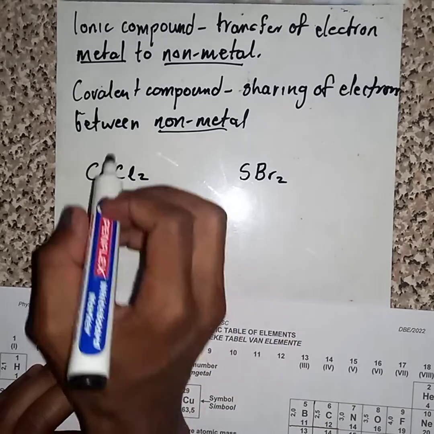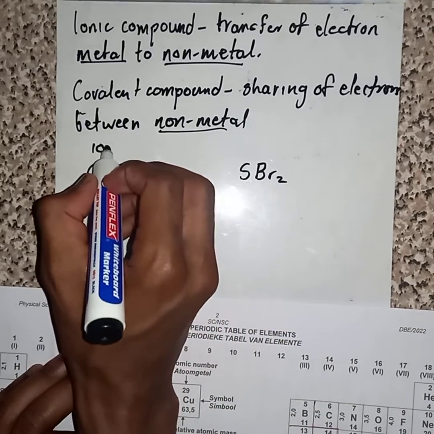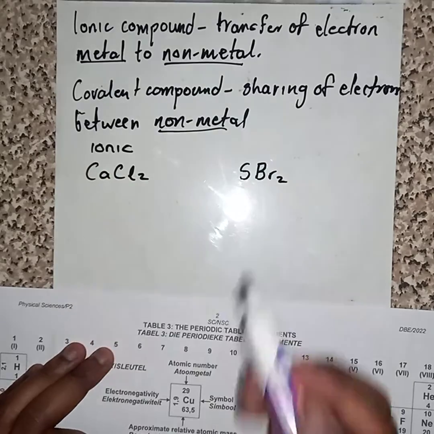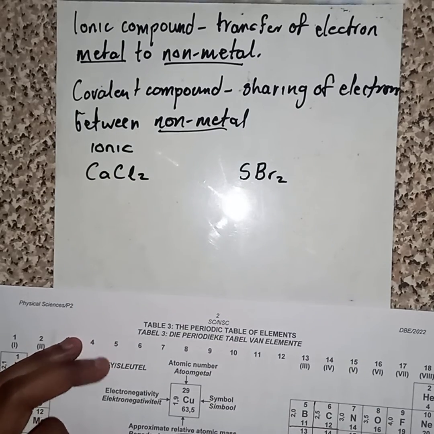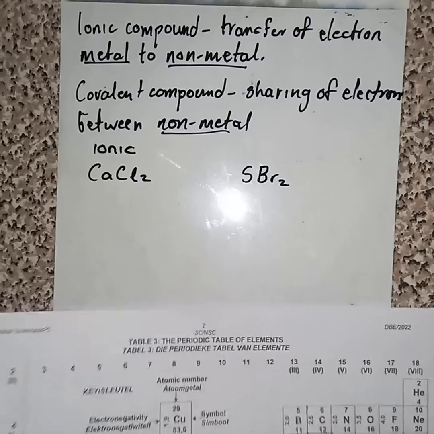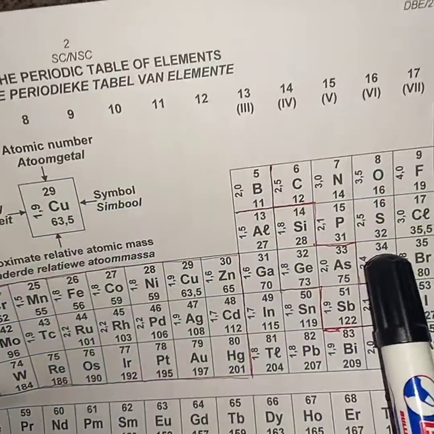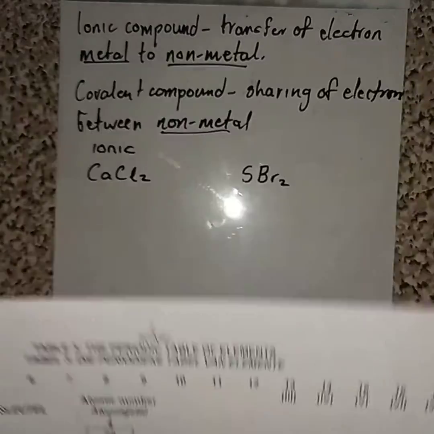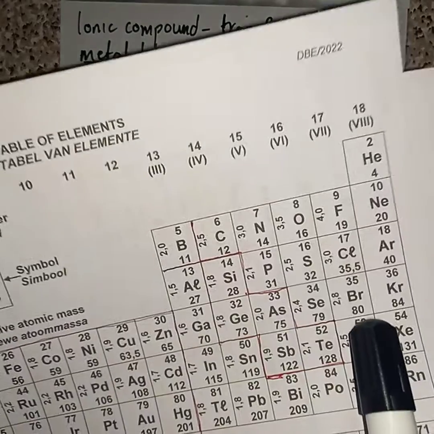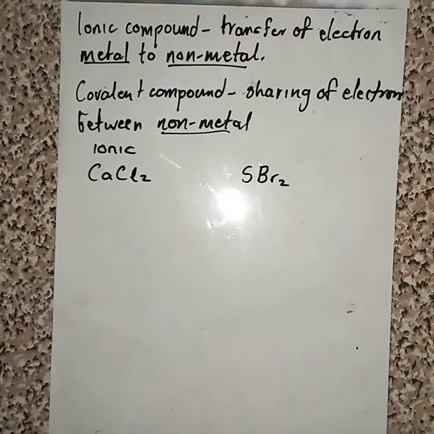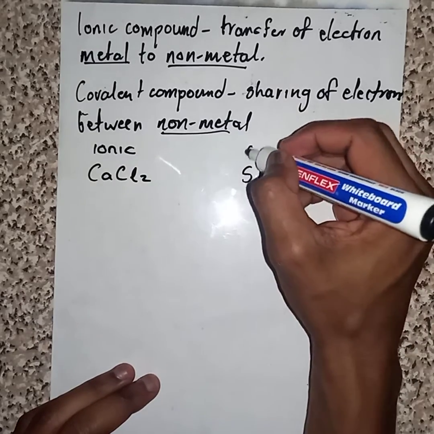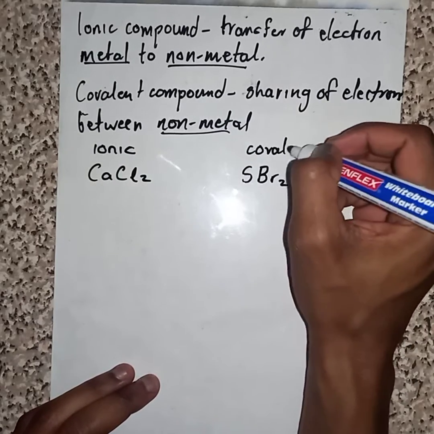Then this one is an ionic compound. Then let's see sulfur. Where is sulfur? The non-metal. Br is a non-metal. Then this one is going to be our covalent.